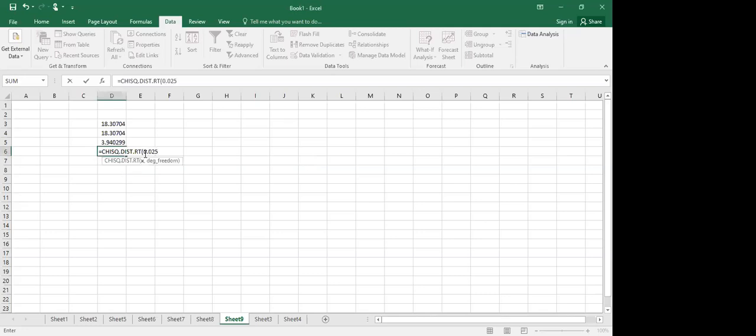I forgot the degrees of freedom. N was 30, so the degrees of freedom is 29. So we will write 29 here.